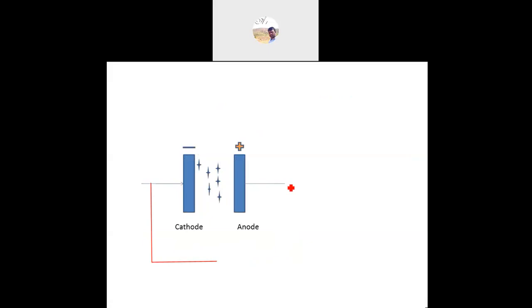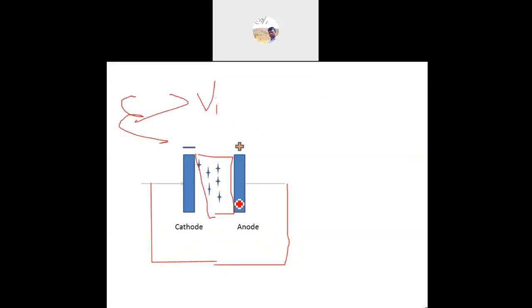Coming to the secondary ionization process: whenever collisions take place, free electrons are provided.